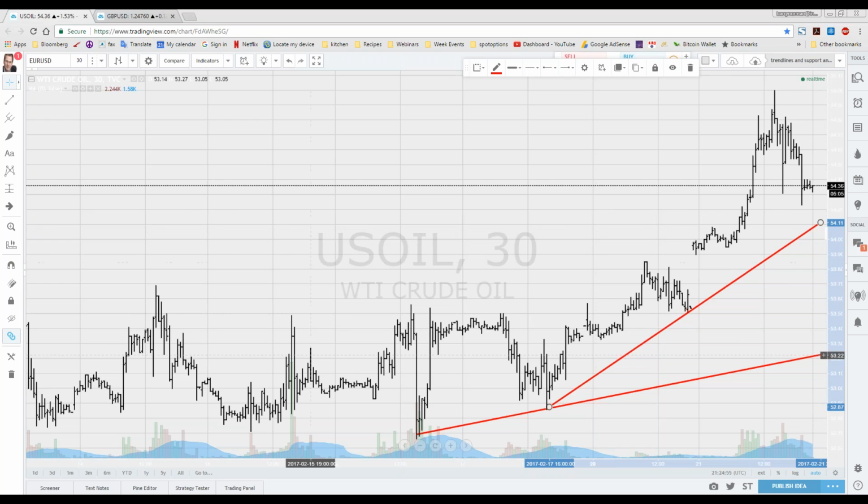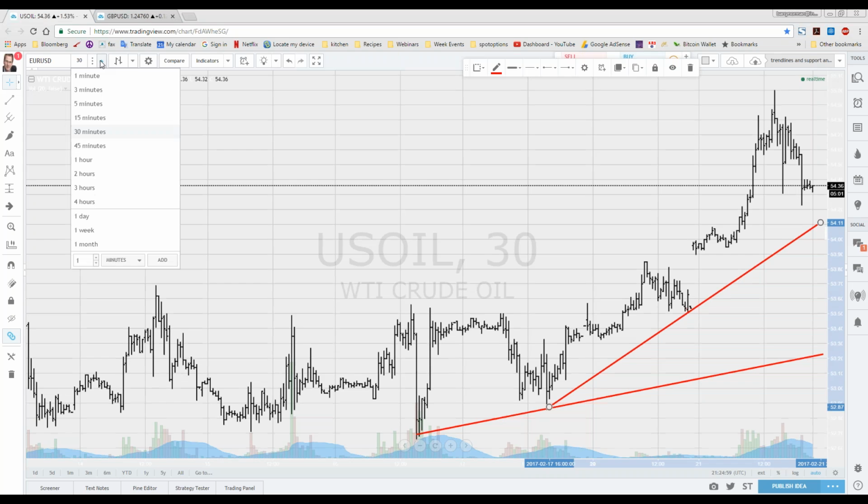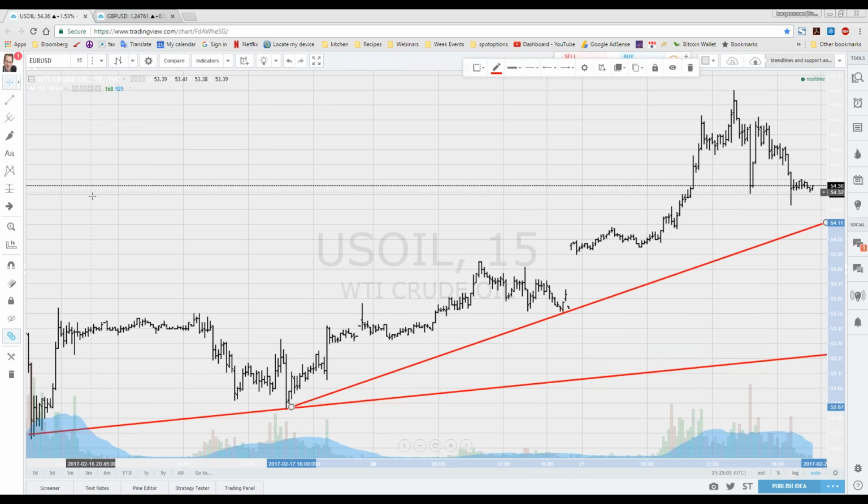Because you can have other trend lines, or you could have a different time frame trend line. So we could go to a 15-minute trend line, and we can see that I use multiple time frames to see if my trend lines still remain valid. Okay.